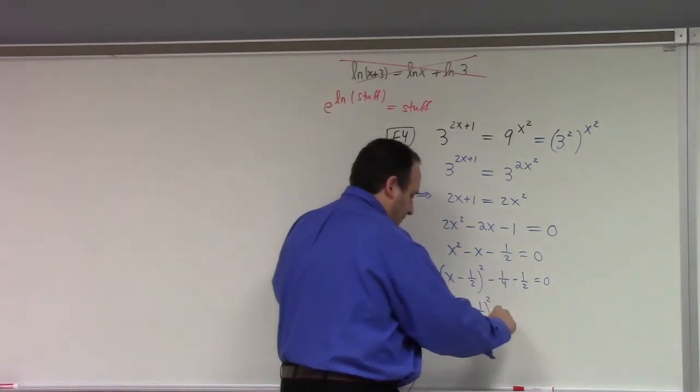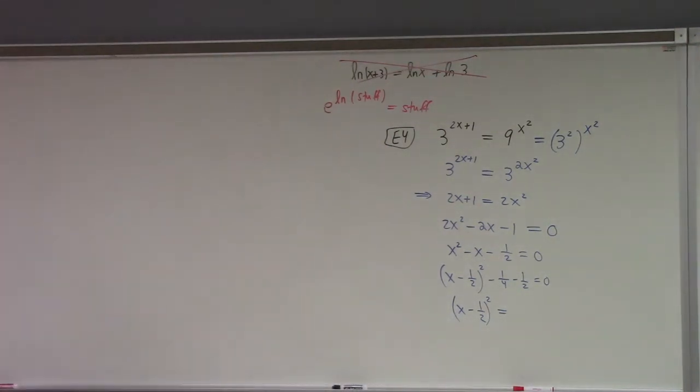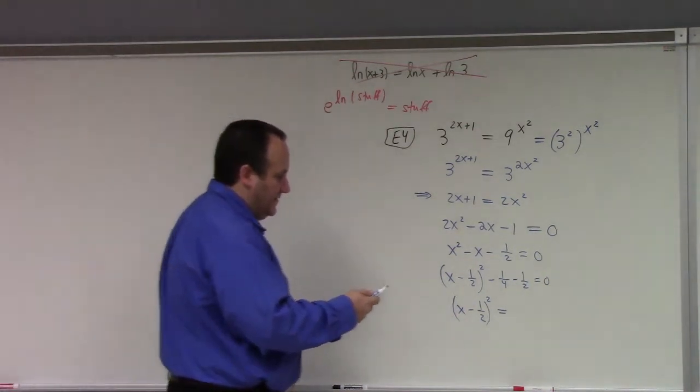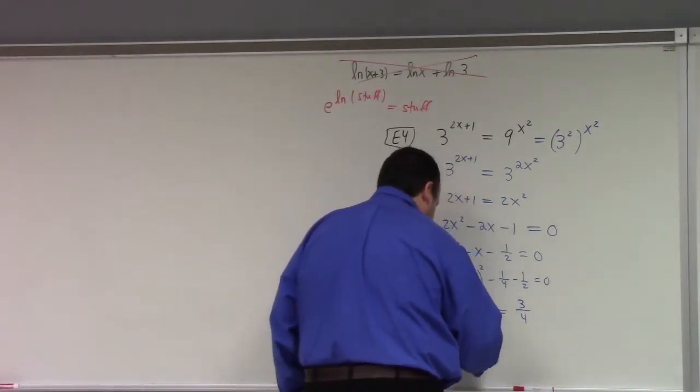squared equals to, and what's a quarter plus a half? A quarter plus a half is 3/4, right? But it's a minus 3/4 on the left-hand side. So if I move the minus 3/4 to the other side, I get plus 3/4, right? And then take the square root of both sides.